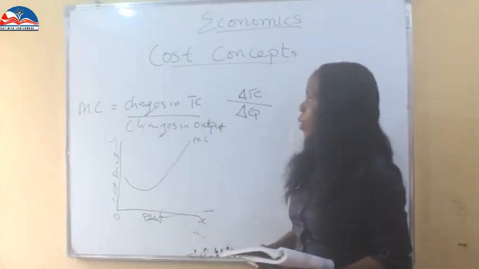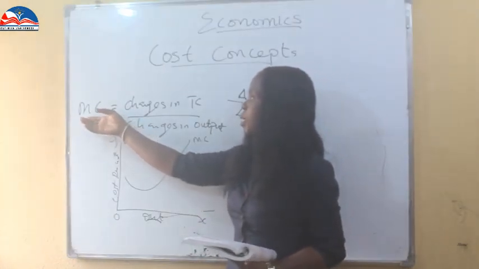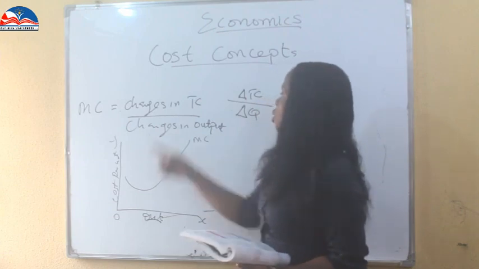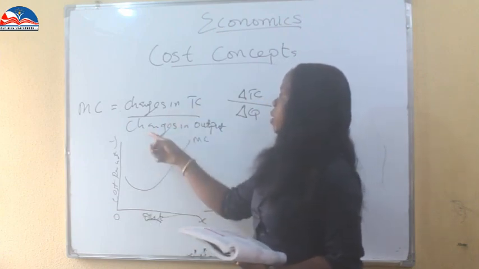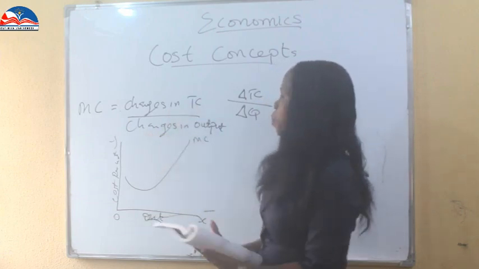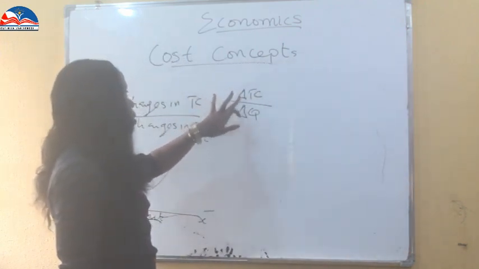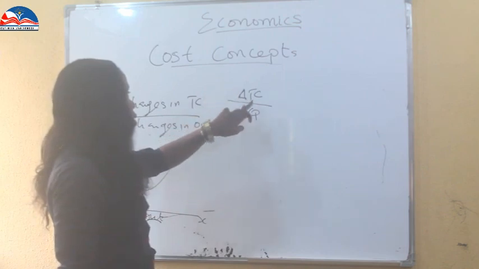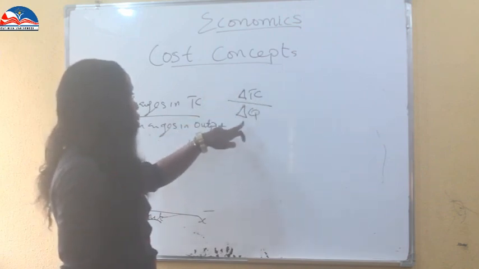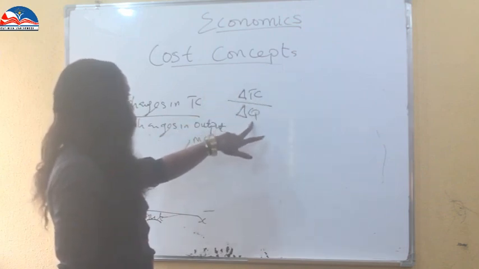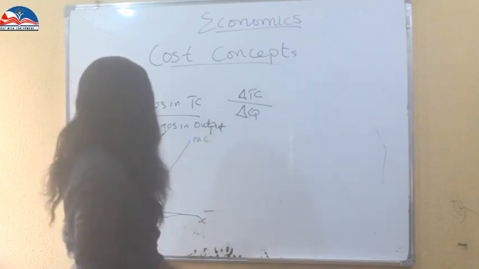Now, marginal cost, which is represented by MC, is change in total cost divided by change in output. This delta sign is change. So it is represented by change in total cost divided by change in output or in quantity.